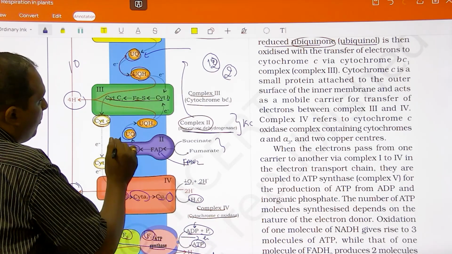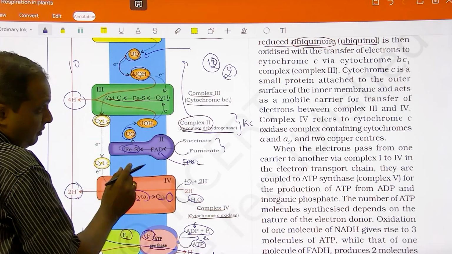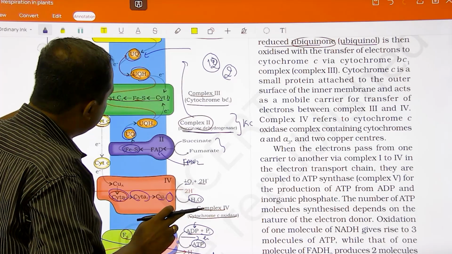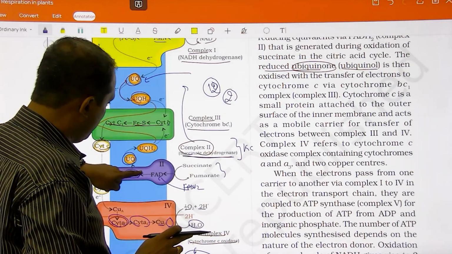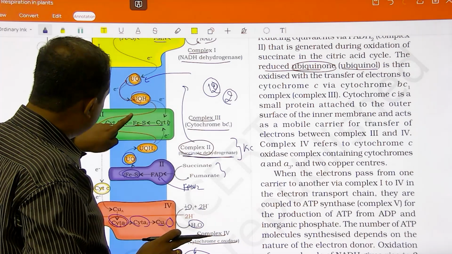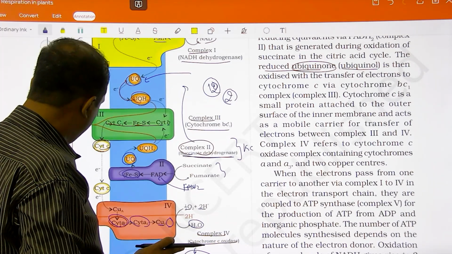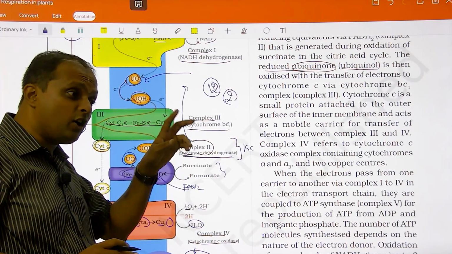புரியுதா? அப்போ இங்க active complex ன்னு பார்த்தா complex 3 and complex 4, ஏன்னா FADH2 ல இருந்து complex 1 இன்வால்வ் ஆகாது. நீ கவனிச்சு பாரு, FADH2 ல இருந்து complex 2, complex 3 இன்வால்வ் ஆகுது, then complex 4 இன்வால்வ் ஆகுது, complex 1 இன்வால்வ் ஆகாது. NADH ல இருந்து வரக்கூடிய எலக்ட்ரான் complex 2 இன்வால்வ் ஆகாது.